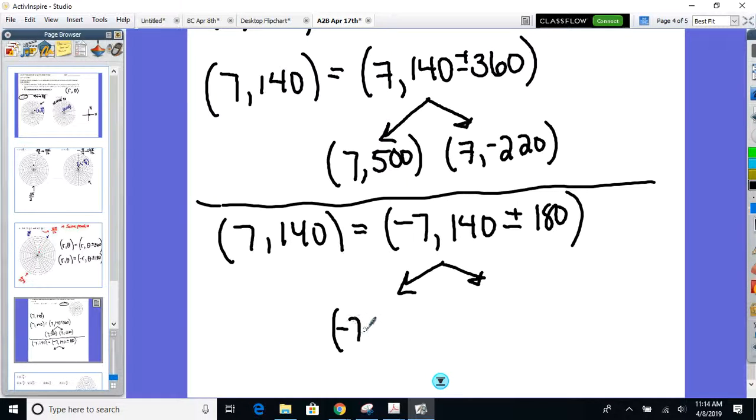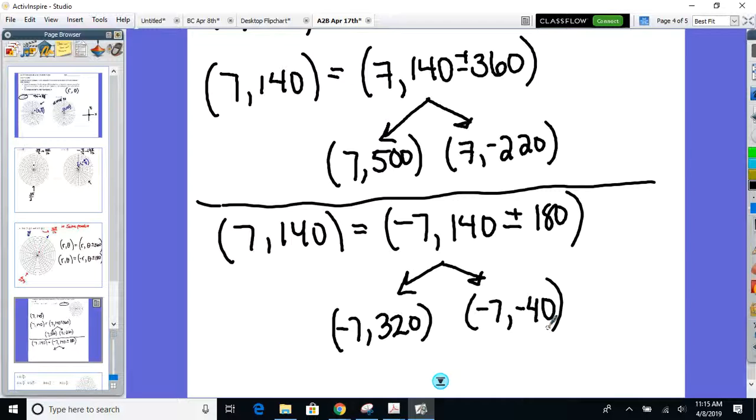So I got negative 70, comma, negative 7, negative 7, comma, 320. Or I could have negative 7, negative 40. Guys, hey, everyone, take a look. 1, 2, 3, 4, all 5 points are graphed the same exact way.